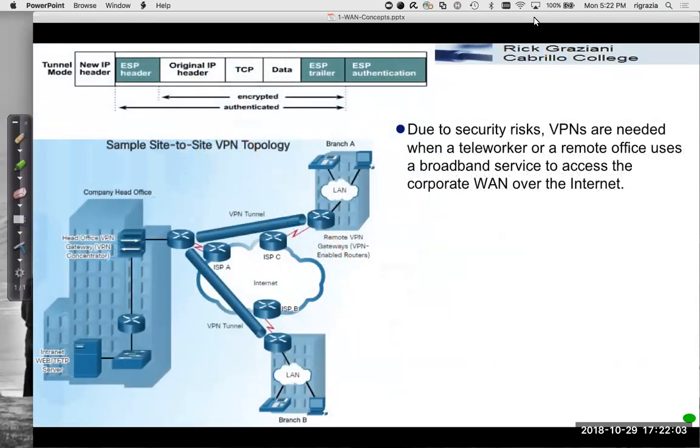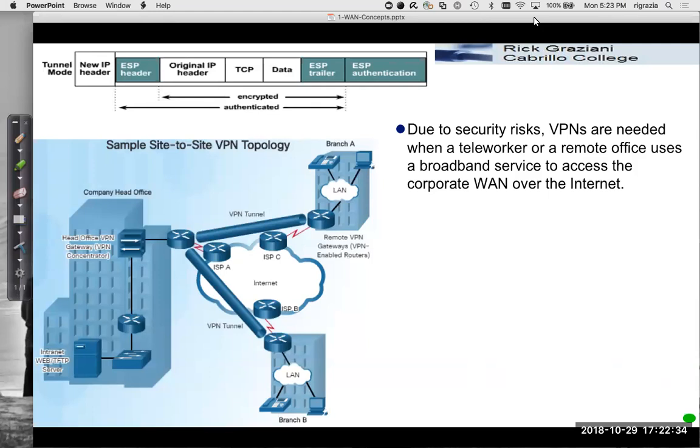With all of this, there are security risks, especially when you're remotely connecting, whether it's cable, DSL, satellite, or especially if you're using municipal Wi-Fi, or you're getting coffee someplace or wherever you might be. So VPNs, virtual private networks, are a way to secure your information going from you to, let's say, the company office, wherever you might be.